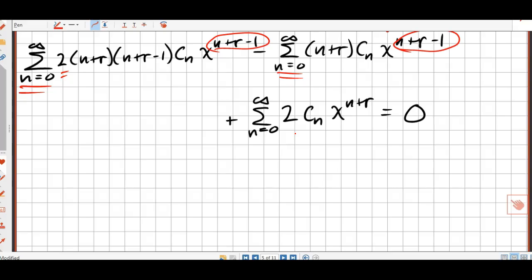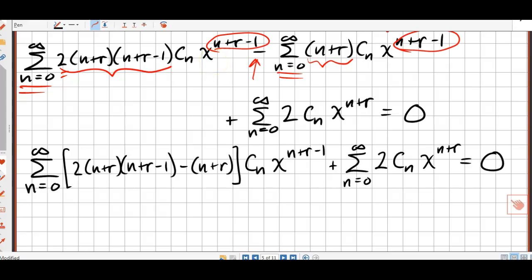So I'm going to combine these coefficients, not exponents. I'm going to have 2 times the quantity n plus r times n plus r minus 1, minus the quantity n plus r, and that's all going to be times c sub n x to the power n plus r minus 1.